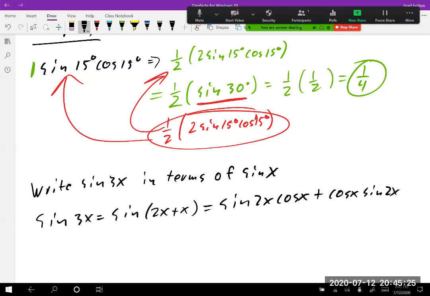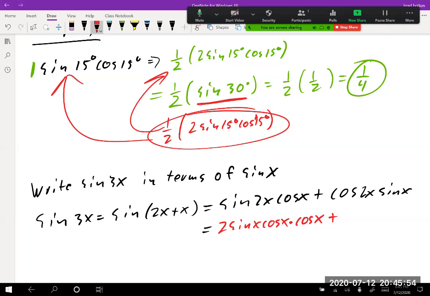Oops, I think I wrote that wrong. Yep. Cosine of 2x sine of x. Now this is 2 sine x cosine x. You know what? I'm going to write this in red. This is 2 sine x cosine x times cosine x plus, now we have a bunch of choices for cosine. I'm just going to stick to the normal one.